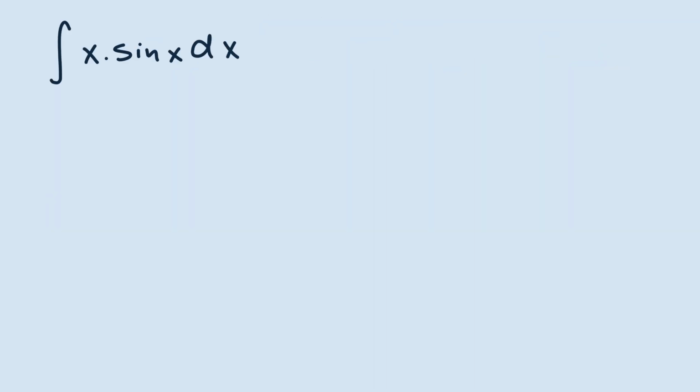Now it's your turn. Try to solve this question, then check your answer. Integral x times sine x dx. So as we agreed, we have to set u and we have to set dv. Then we have to find du and we have to find v. So let us start with u. We have to set x equal to u. Why?